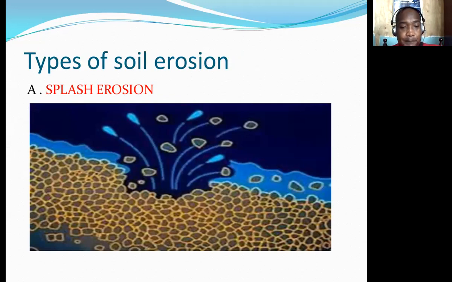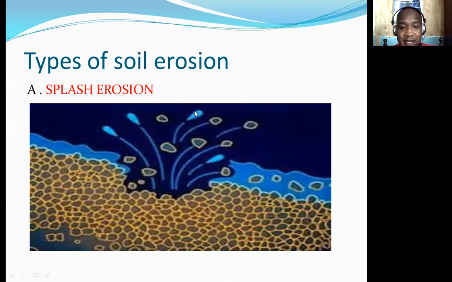It is the displacement of soil particles by raindrops when they hit loose, bare ground. If you look at this splash erosion, the rain from above hits the ground and it displaces soil.